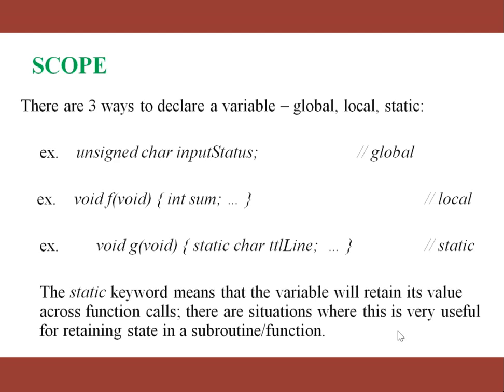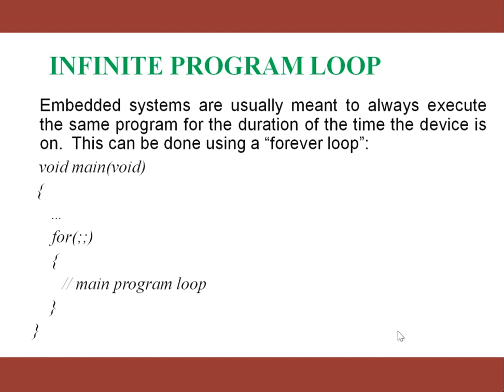Then we have static. Static means the variable will retain its value across function calls, and there are situations where this is very useful for retaining state in a subroutine when you call subroutines or functions. It will retain that same particular value and not change.